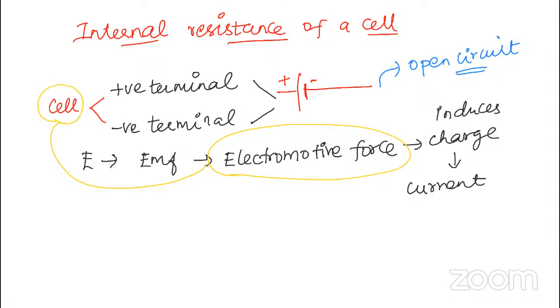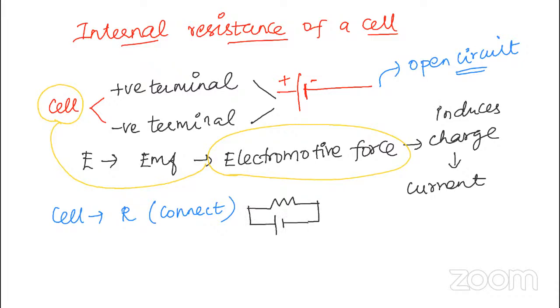Suppose a closed circuit, how will it look? So a cell, if it is connected with a resistance, say for example here one resistance is connected with the cell, then this circuit is called a closed circuit.